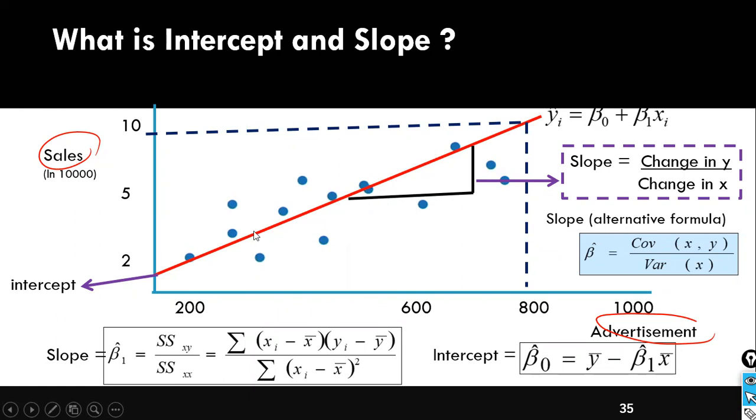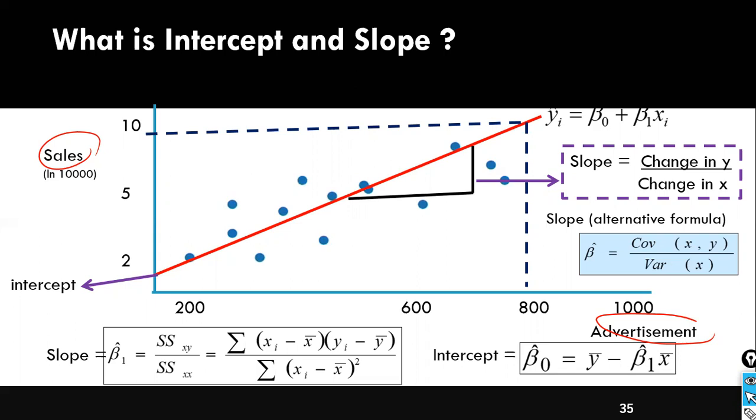Again, there are a lot of other factors, so let's take a simple hypothetical case. If you spend more money on advertisement, obviously sales go up, but I'm having a budget constraint. I cannot spend $80,000 or $100,000. So if I spend so and so amount, how much sales can I expect?